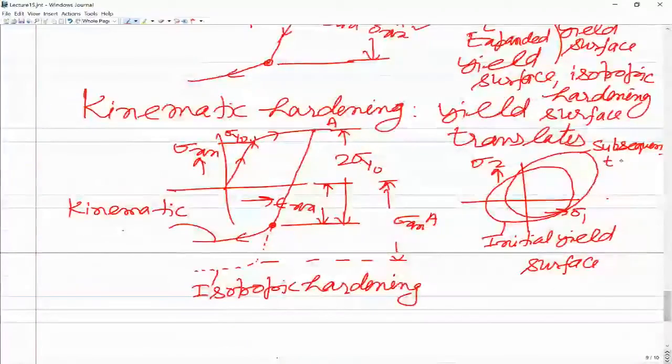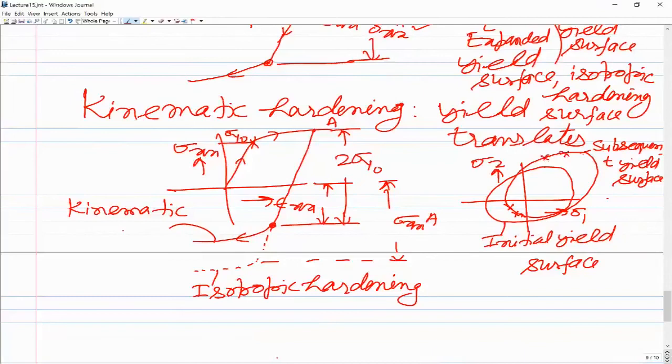Because the material is initially loaded in tension, in the compression the stress is smaller. If both sigma 1 and sigma 2 are positive, then for subsequent yielding the stress has to cross this limit, which is higher than what it was initially, higher than sigma y naught. So this is basically the kinematic hardening.